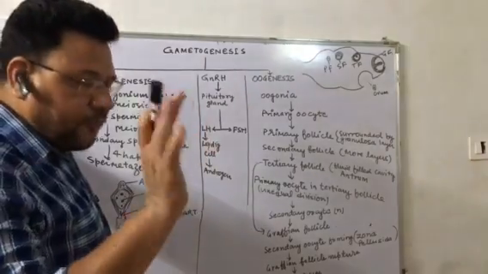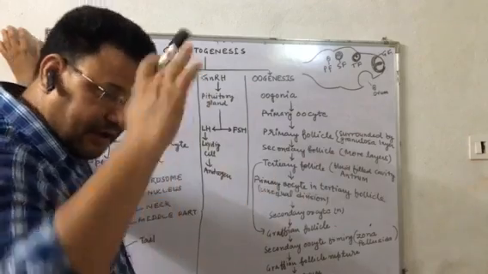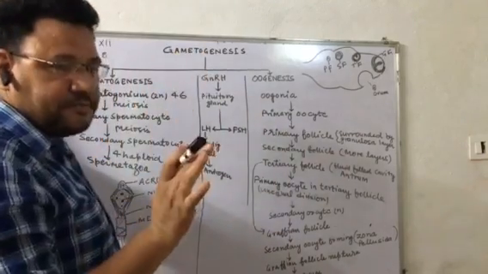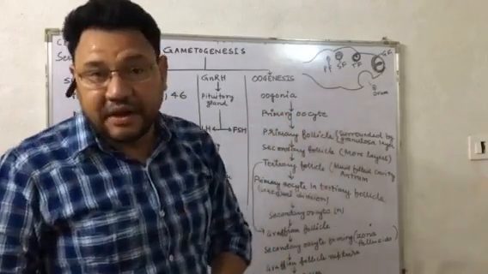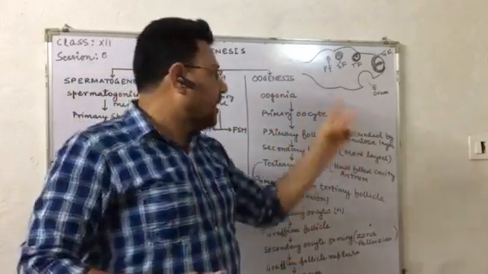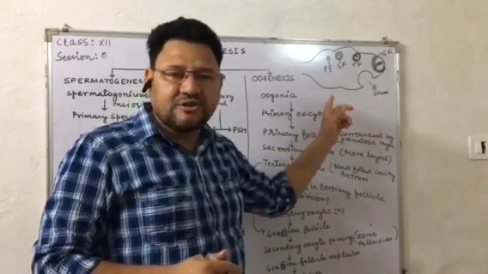No new oogonium formation will take place after birth. It is already present, and it will always be in the diploid state. It means again 46 chromosomes will be there.